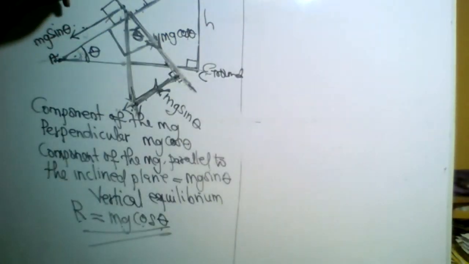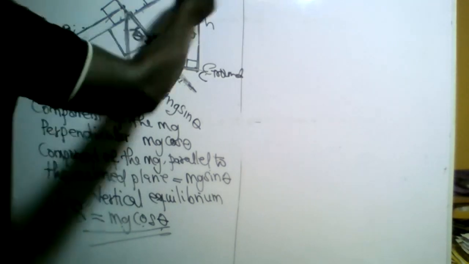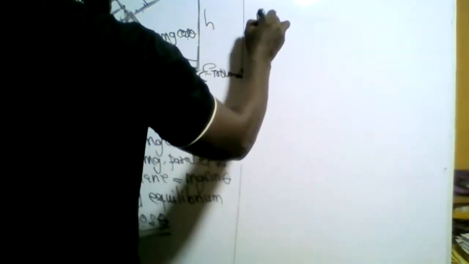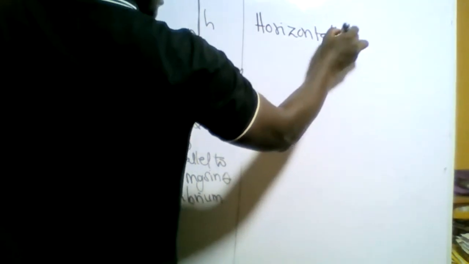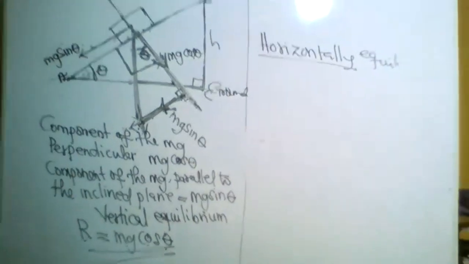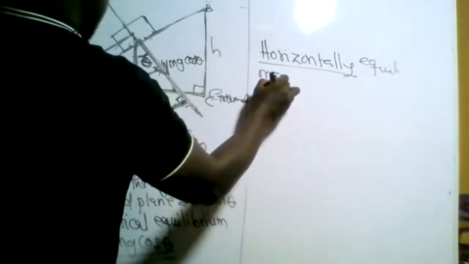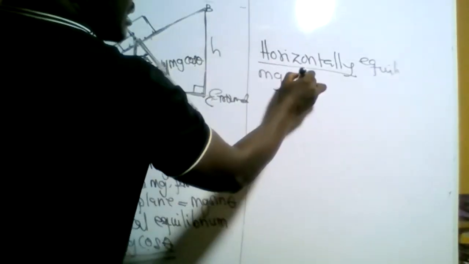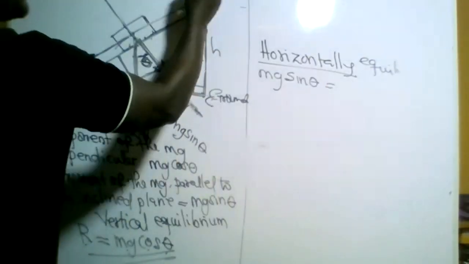Now, please, in vertical equilibrium, we realize that R is equal to mg cos theta. Let's look at horizontal equilibrium. Horizontally, we realize that the mg sine theta has no counterpart at the other end.